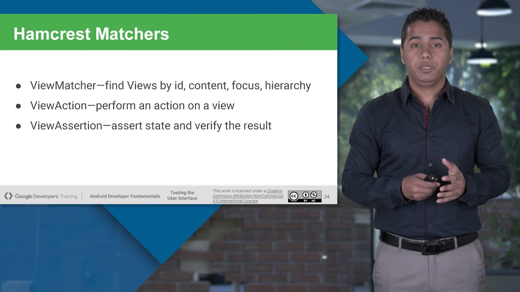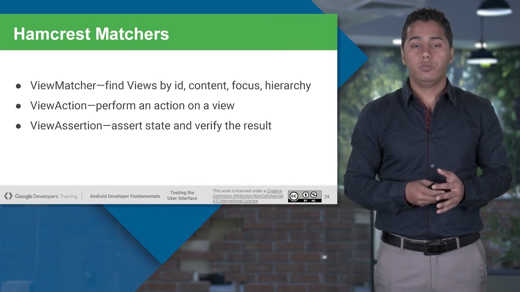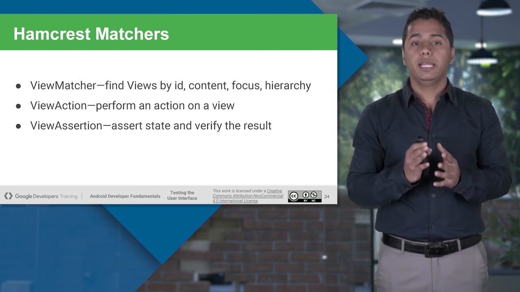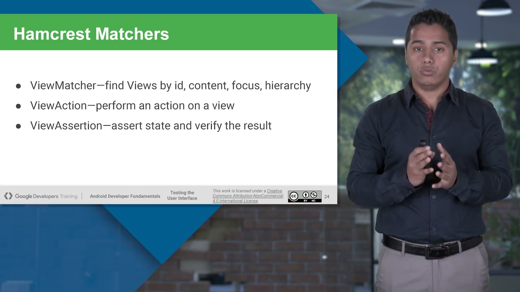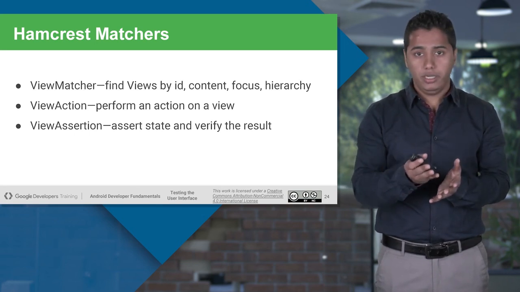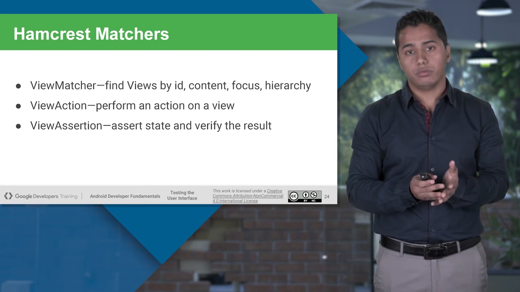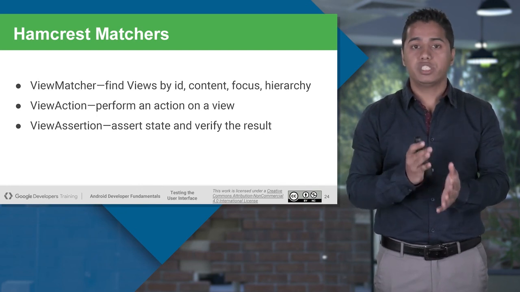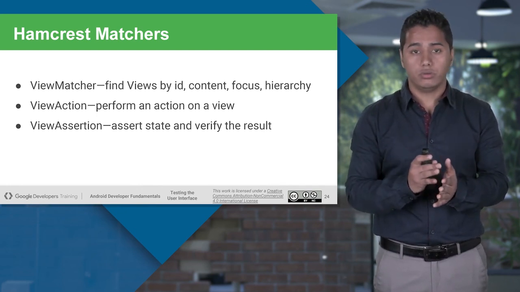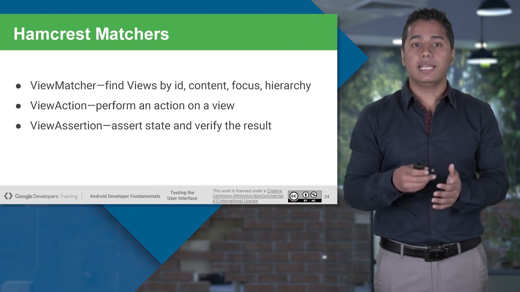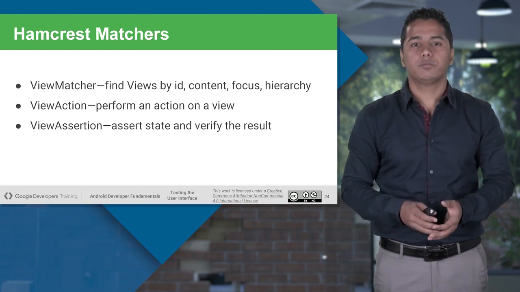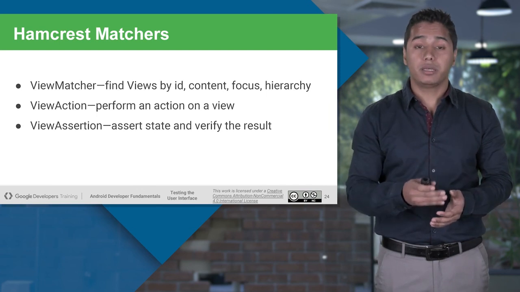So there will be basically 3 kinds of matchers. First will be view matcher, in which you will be identifying the view either by ID, by content, by focus or hierarchy. So you have to identify which view you are talking about first. So you need to get that view. Second, action. What kind of action is it performing on a view? Maybe click, maybe item click.